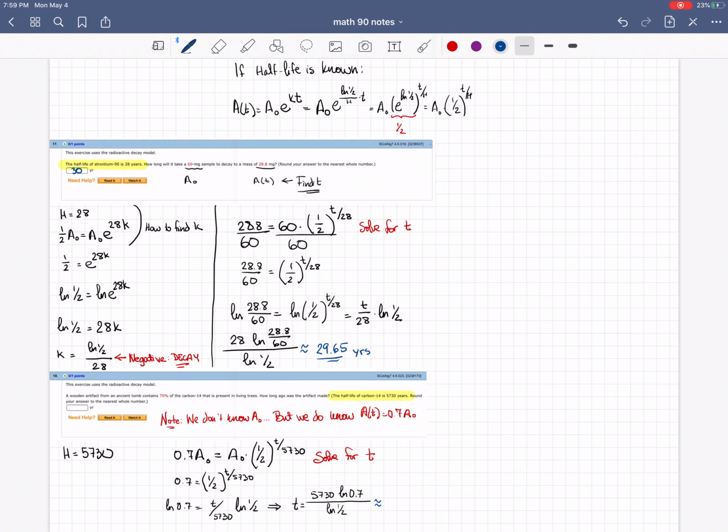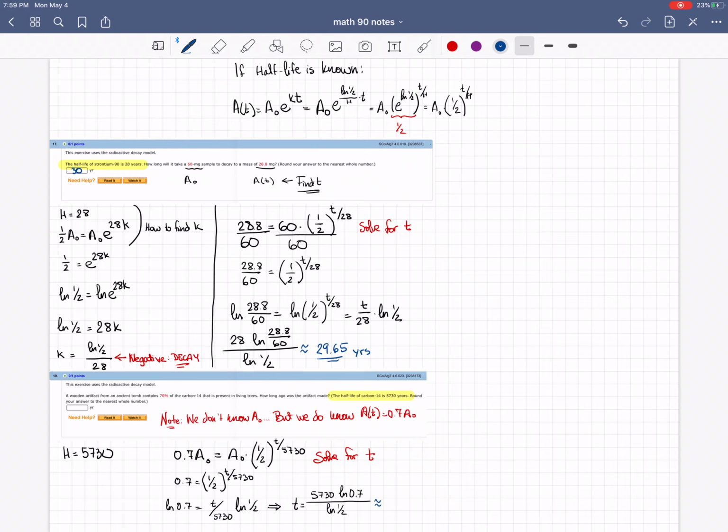But I want to take a second to check in regarding what we're expecting. So 70% is still there, right? 70% is significantly more than half. So less than half has decayed away. Now, it takes 5,730 years to get down to half of its original amount.